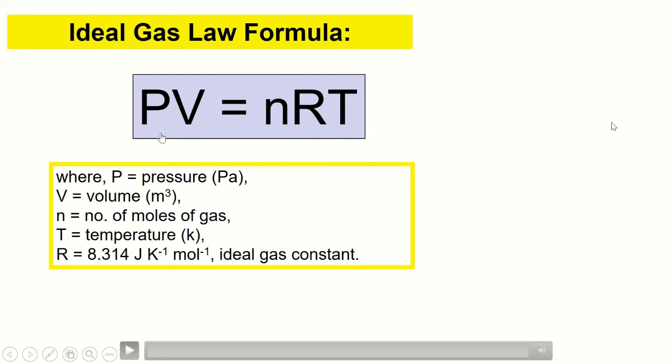So this is PV over T, and this is equal to nR. So this n means the amount of the gas. Amount of the gas means there is no leakage, no gas is going outside, and this is also constant.